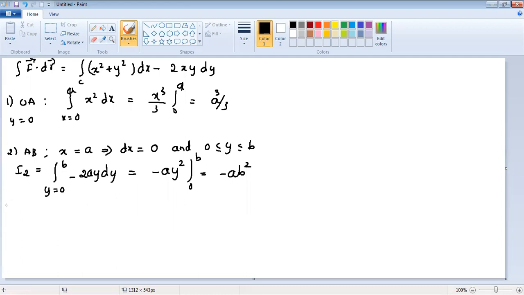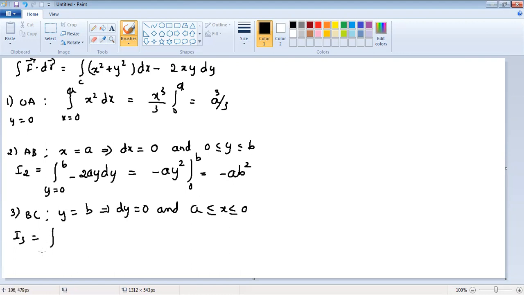Next one, along BC. y is equal to b. This implies dy is 0 and x lies between a and 0. So I3 will be the integral from x equal to a to 0. Since y equals b and dy is 0, the second part turns out to 0.